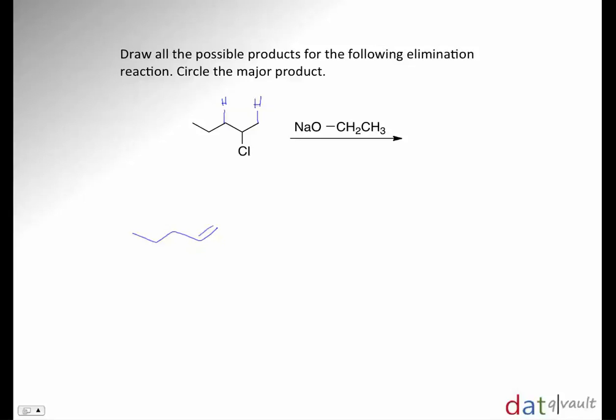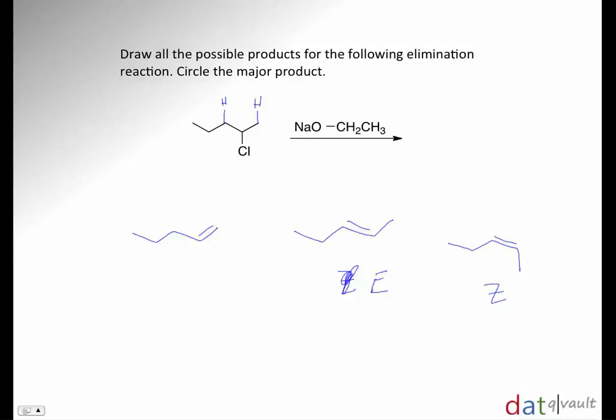If we eliminate the hydrogen at the internal position, we're going to get one of two products. We're going to get this internal alkene, or we can actually get the other isomer of the internal alkene. This being our Z isomer, this being our E isomer, and this being our Z isomer.